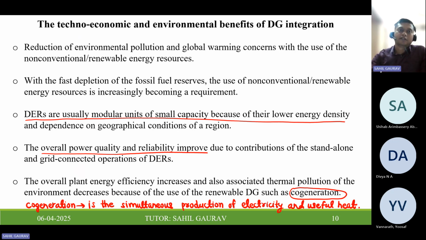So these are the environmental and economic benefits from the DG integration. So these are very easy to understand. Just quickly go through all these points.